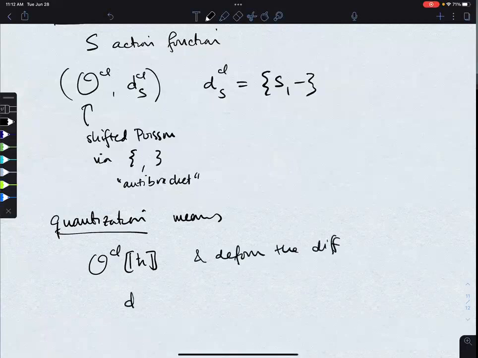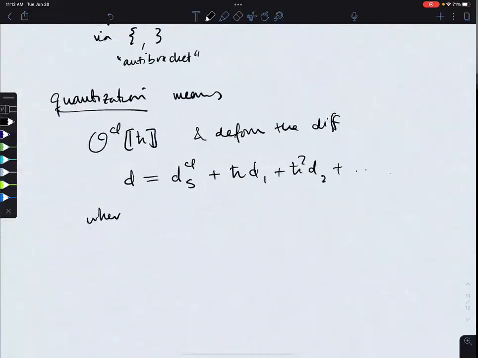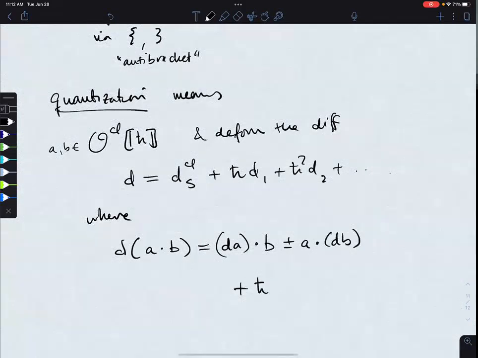So we get some new differential, which will look like the classical differential plus an H bar modification, some modification like this, where we want d to satisfy the following rule: if you take two elements in here, A and B, and you use the commutative multiplication, d of the product almost looks like this.